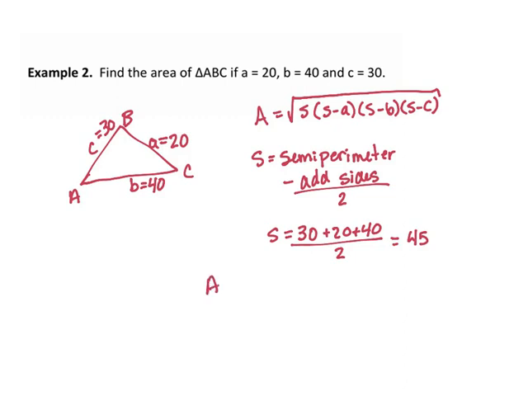So our area is the square root of our semi-perimeter times our semi-perimeter minus A times our semi-perimeter again minus B. It doesn't really matter which one you do is which, just make sure you've gotten all of them. So B is 40, semi-perimeter minus C is 30.